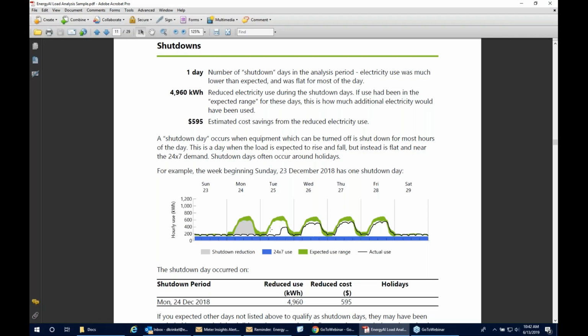They all are lower than usual. They don't go fully up to the expected use range, but there's still something happening. And this again could indicate a controls opportunity. Maybe there's some equipment cycling on and off that does not need to. So this has often been an informative section for people when they say, well, how come I only have one holiday here? Why don't I have more?